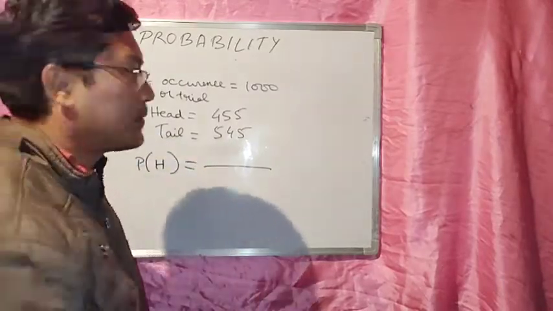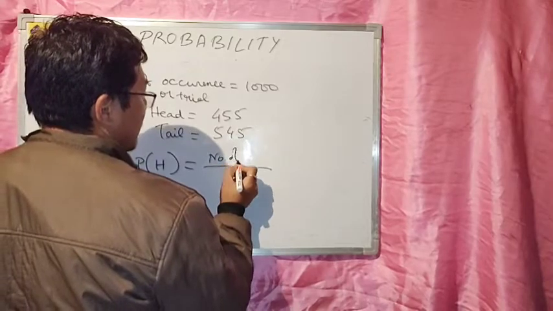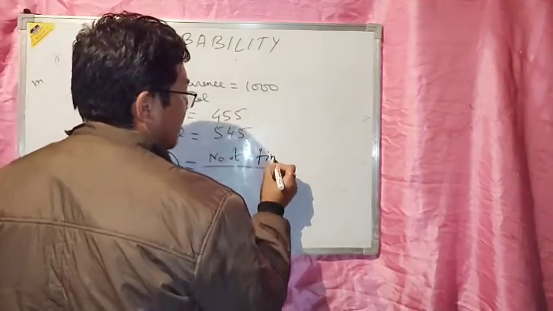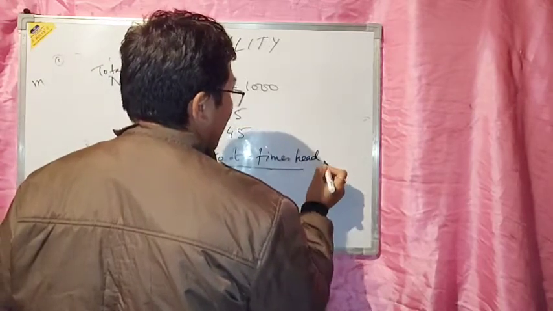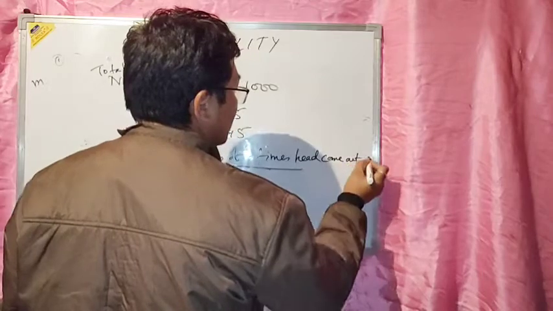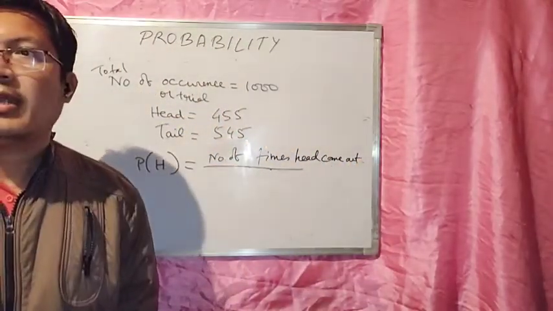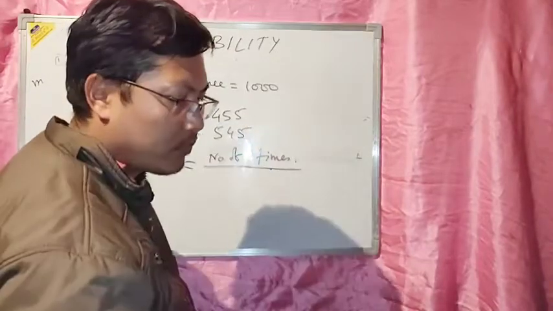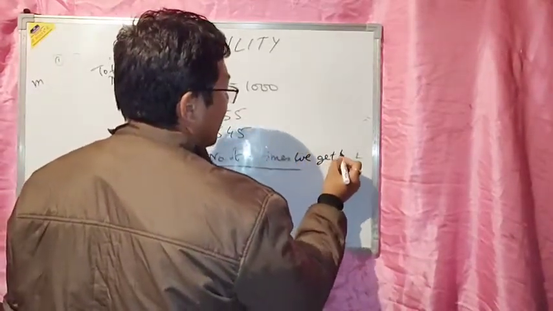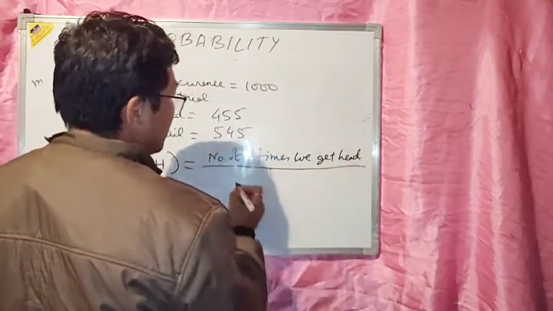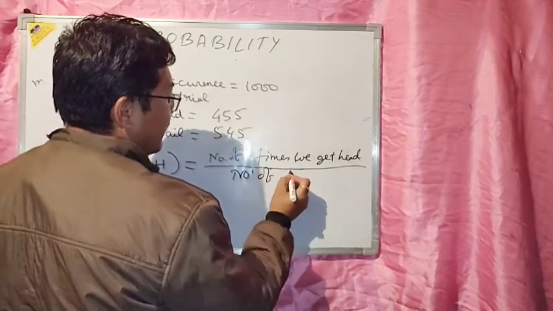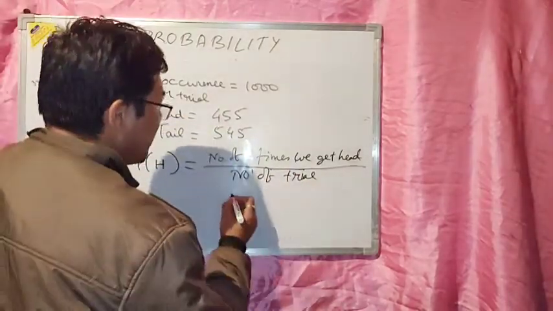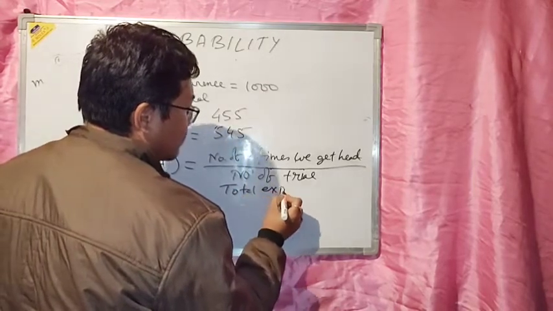What will be the formula? Number of times head came out, or we can say we get head, over total number of trials, or we can say total experiments.